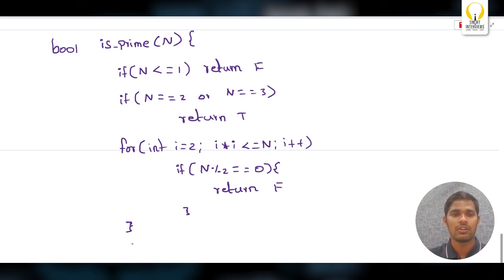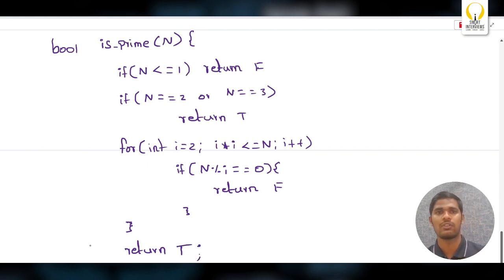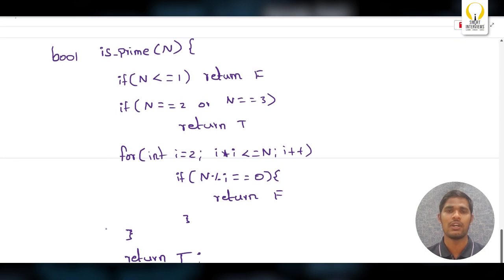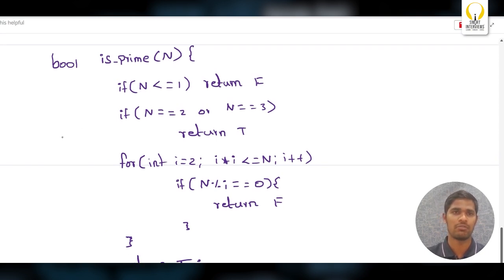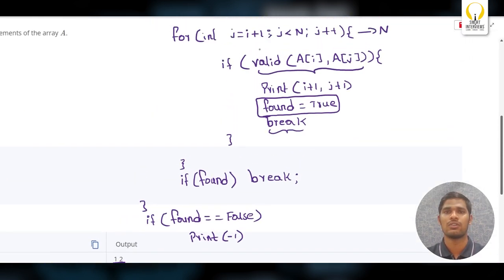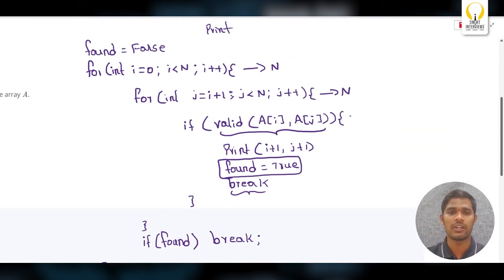After iterating over all the elements, if it is not divisible by i, then we'll return true. So this is how our is prime function looks like. And the time complexity of this is prime function is root n.